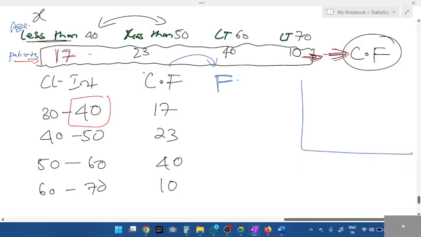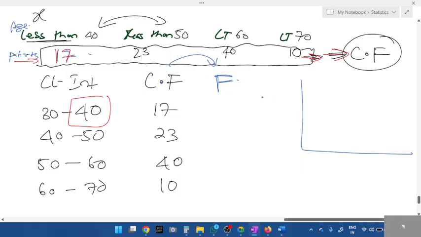Now, if they give this question, how will you solve it? Wrong. For an ogive graph, what did I tell?